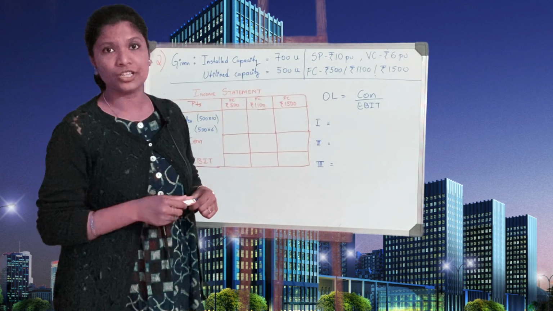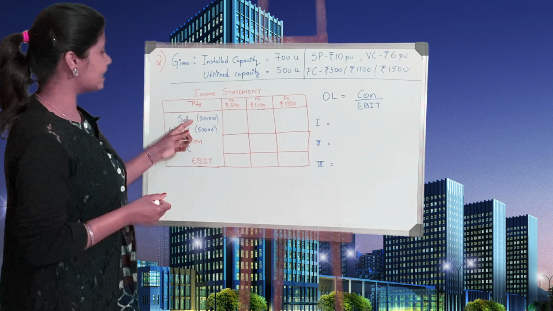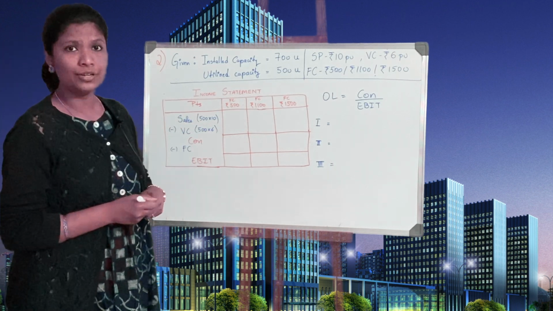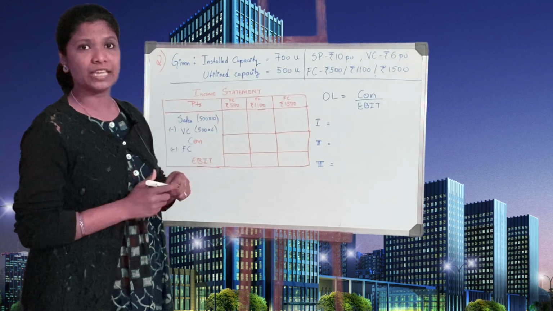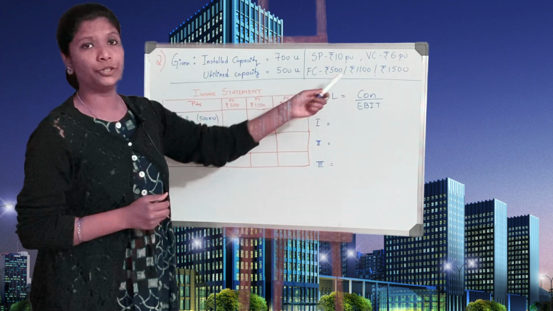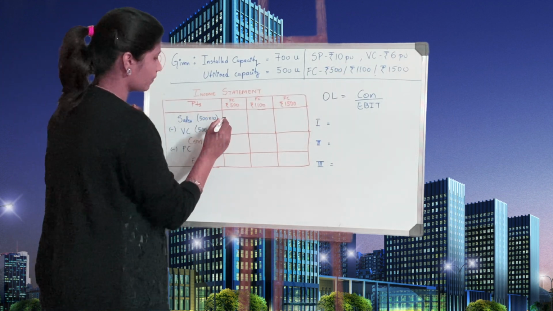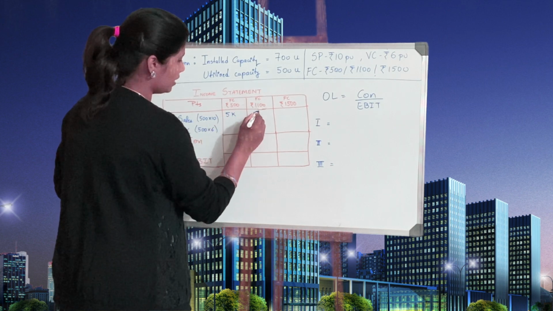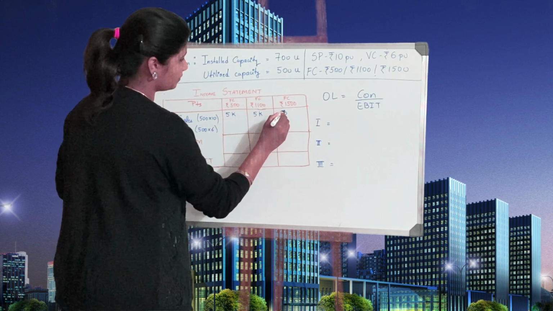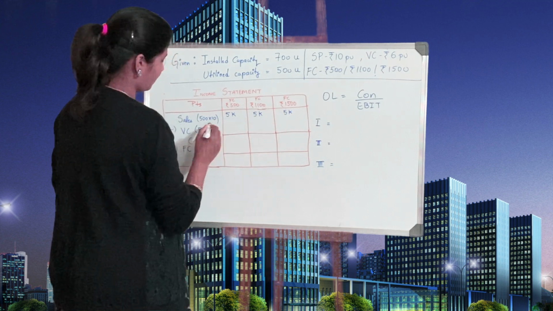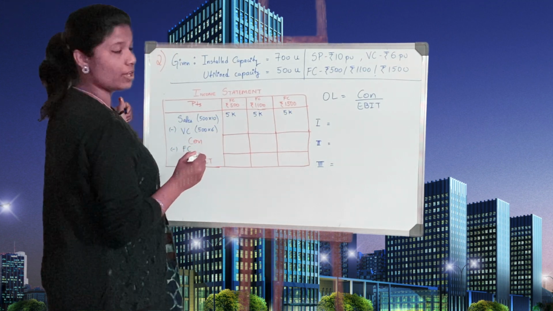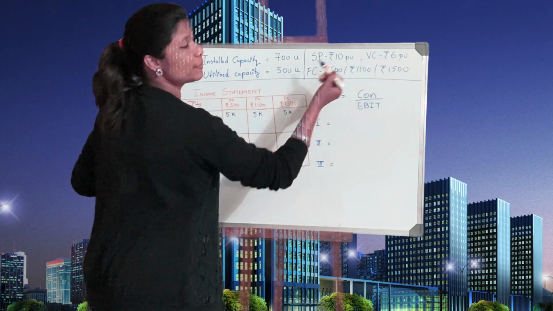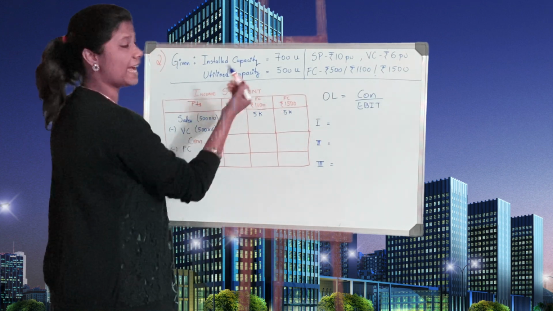Please note that change. So the sales is 500 into 10 rupees. Here selling price is given 10. So 500 into 10, that will be 5,000 for each case. Next, your variable cost is given as 6 rupees per unit. That also I will be taking at 500.